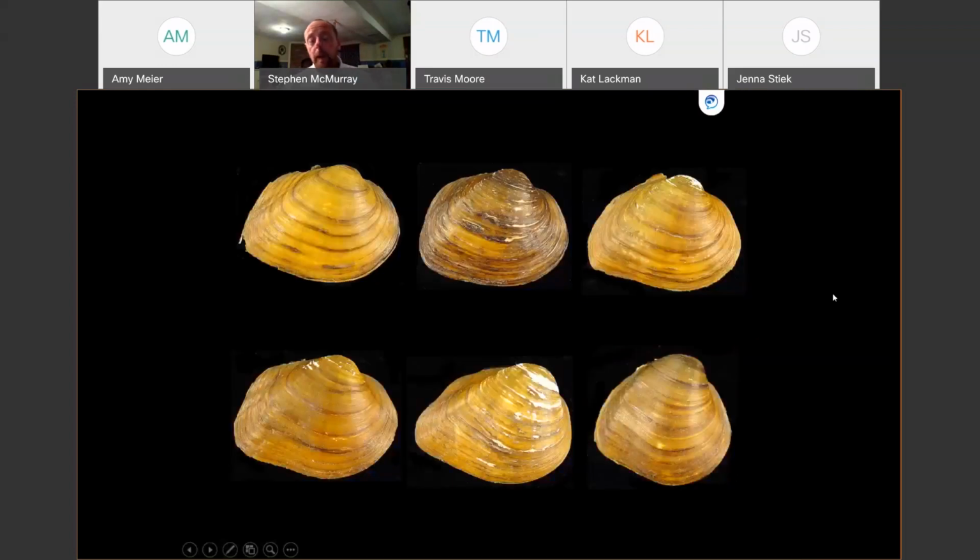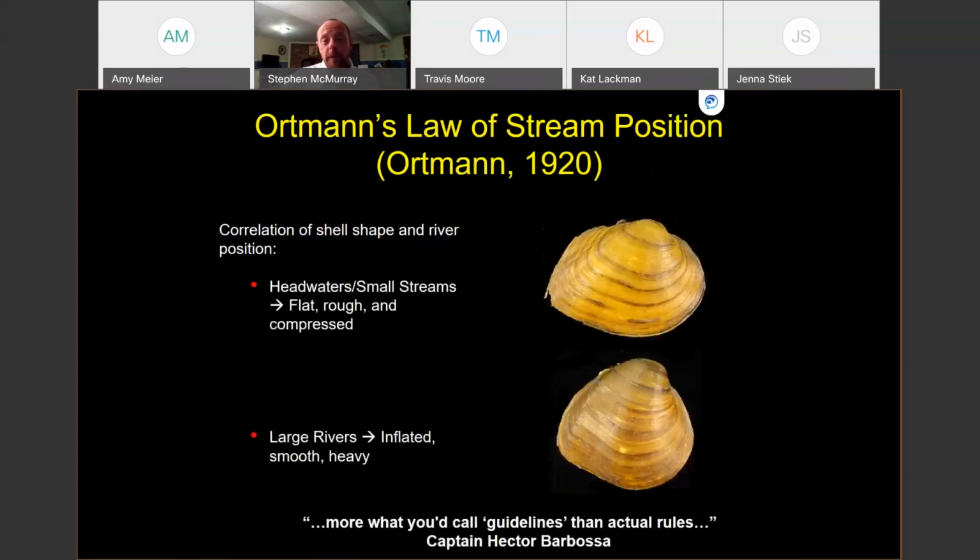So it's one thing to keep an eye on and watch out for. Now, how many species do you see here? Okay, thank you, Kathy, for answering 3. Actually, what you're seeing here is 1 species, and this is an example of what's called Ortmann's law of stream position.